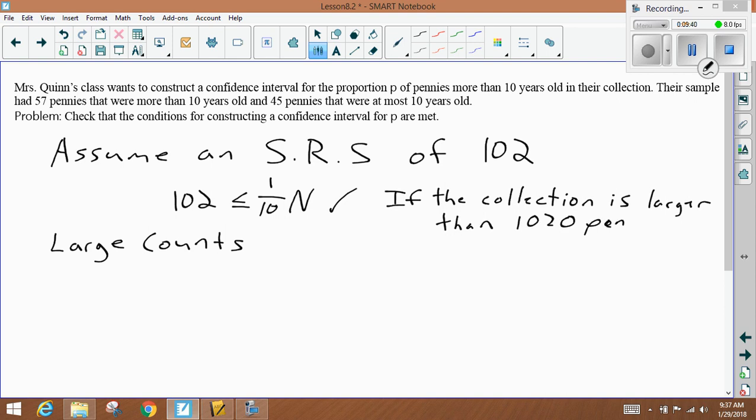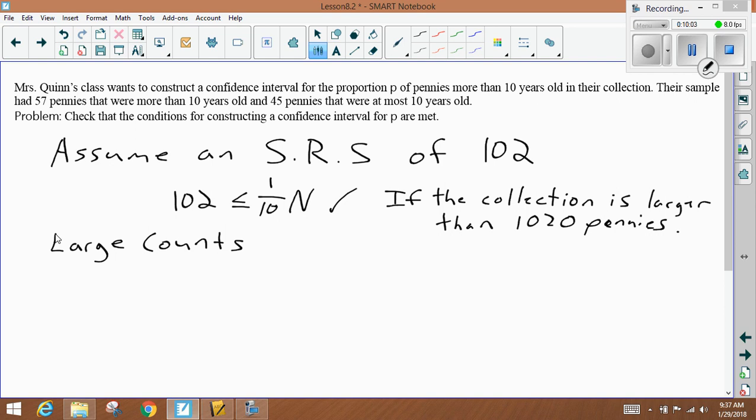It doesn't say that, but we can go ahead and assume that that's true and move on. Alright, so we're going to say, hey, we can do this if we assume that the collection is at least this large. So for large counts, let's check.